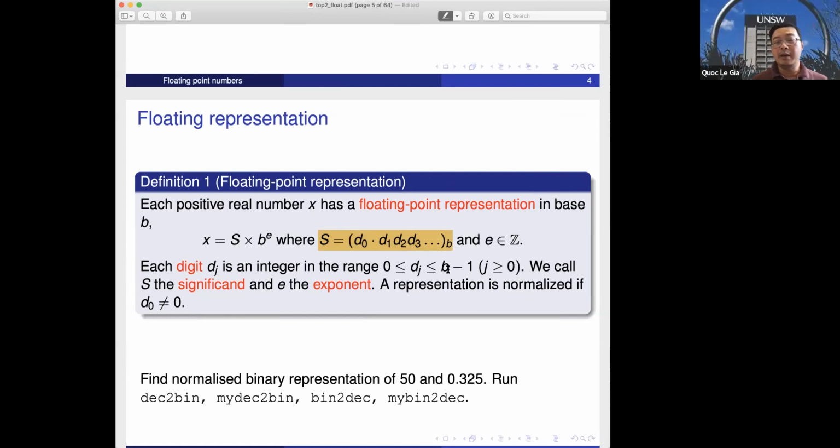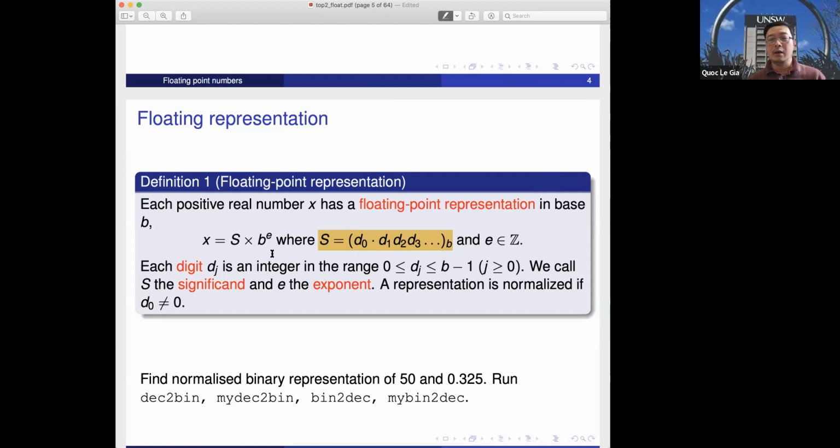B can be any base, can be 2, can be 10, can be 60 if you are from the Mayan civilization. But anyway, so now Dj, we call them digits. Okay, and then the exponent. So remember in the example I have exponent 5, so we call it exponent.